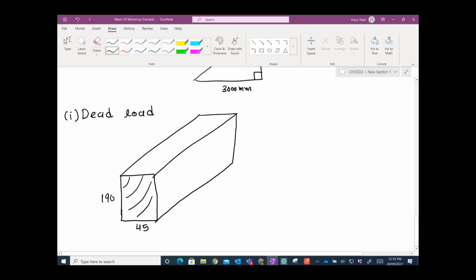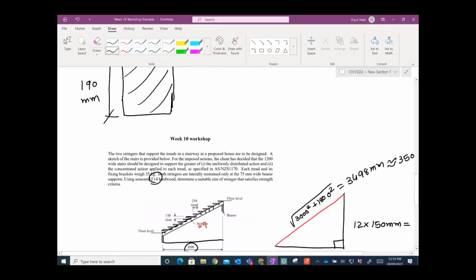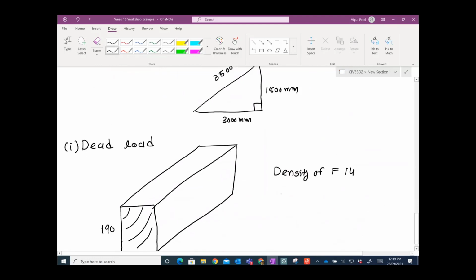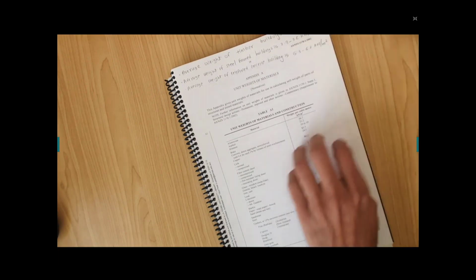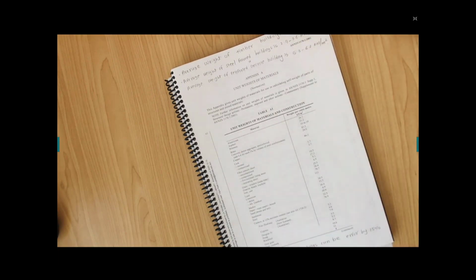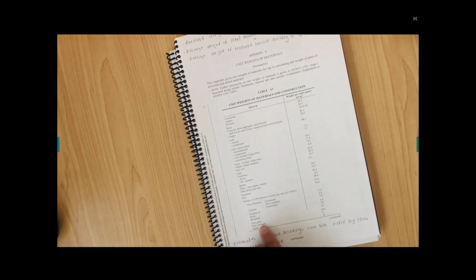Now, if someone asks me what the density is, because to find it we need the density of F14 hardwood. If you remember the standards that we used at the start of the semester, AS 1170.1 Permanent actions, you have this grey ironbark, which is the hardwood. By the way, this grey ironbark is the hardwood.